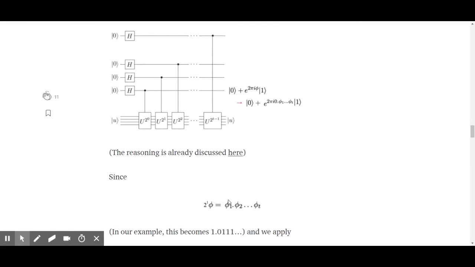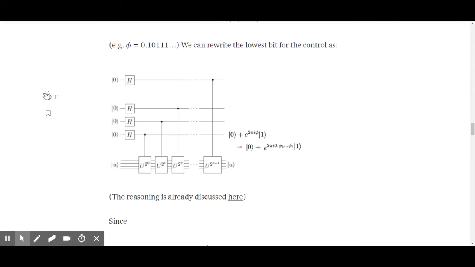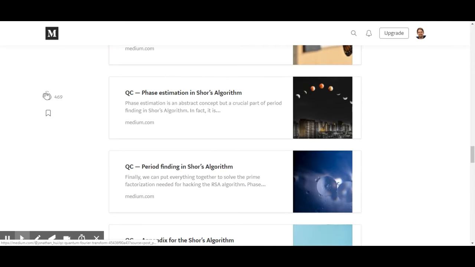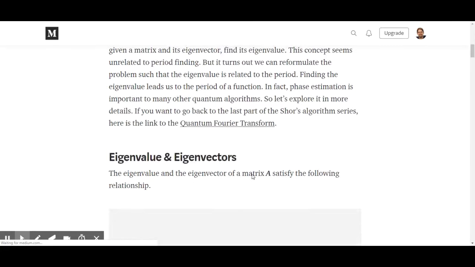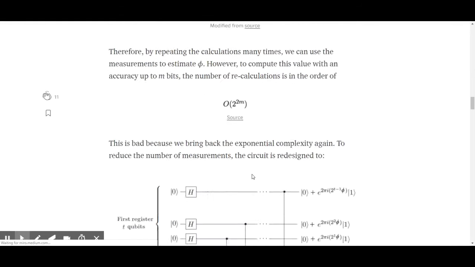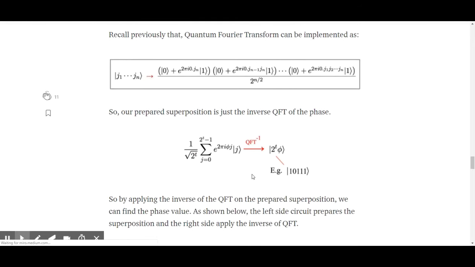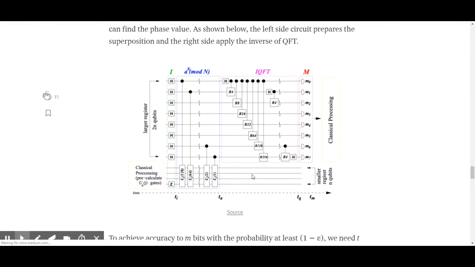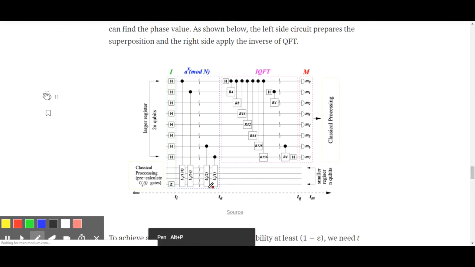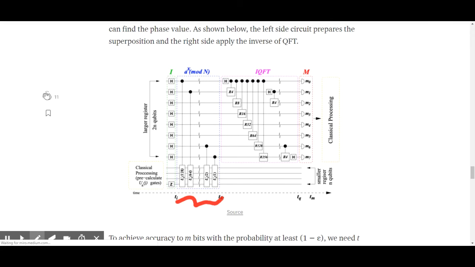The idea is that there's an overview of the whole circuit, the quantum part of the circuit. This part down below depends on the x that you choose.